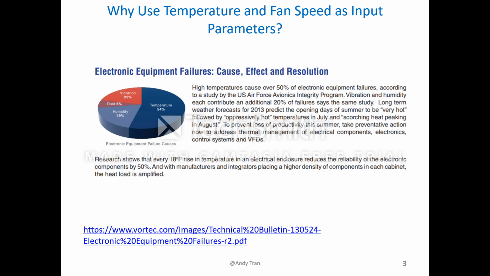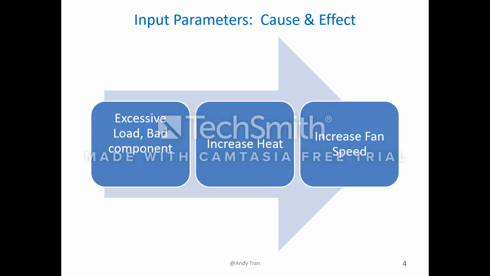And in turn, once it produces heat, the fan speed will increase to compensate, to produce airflow so that the heat can be decreased. So those are the two important parameters in my study.